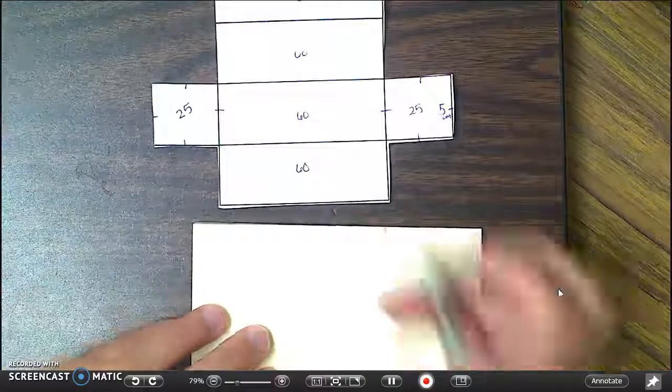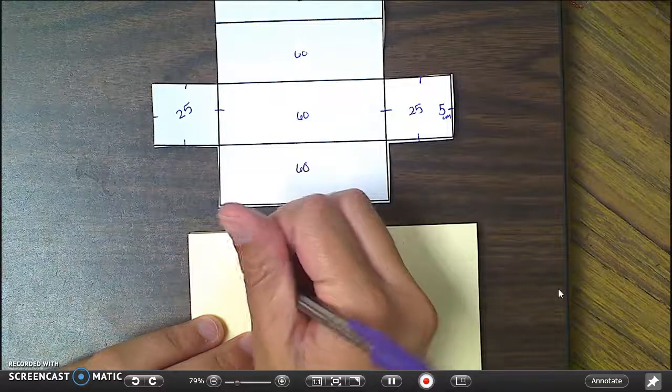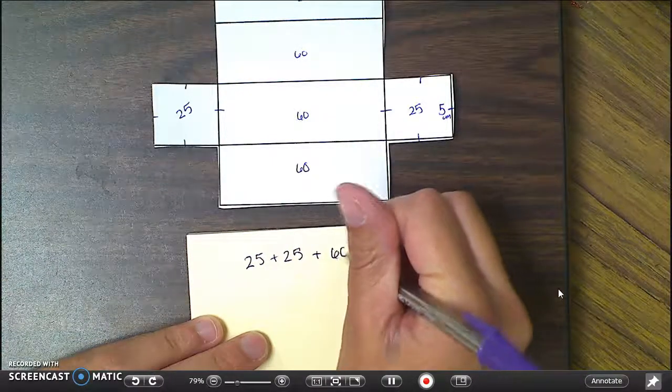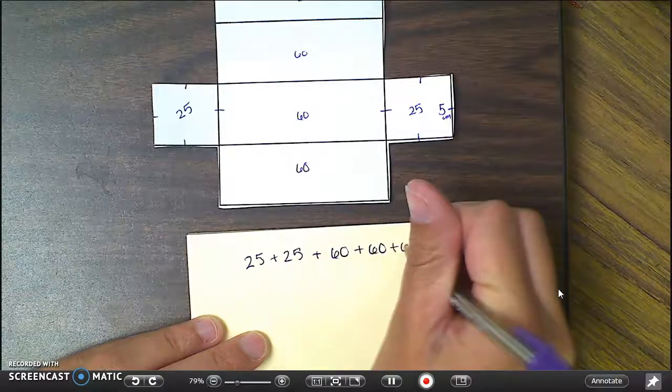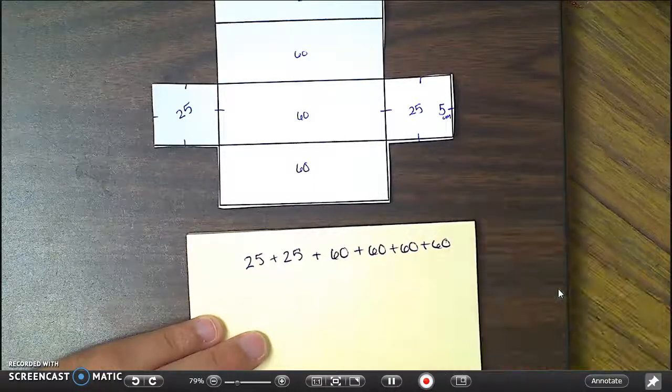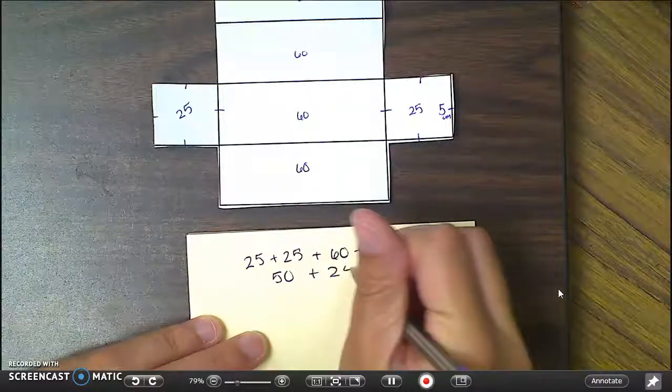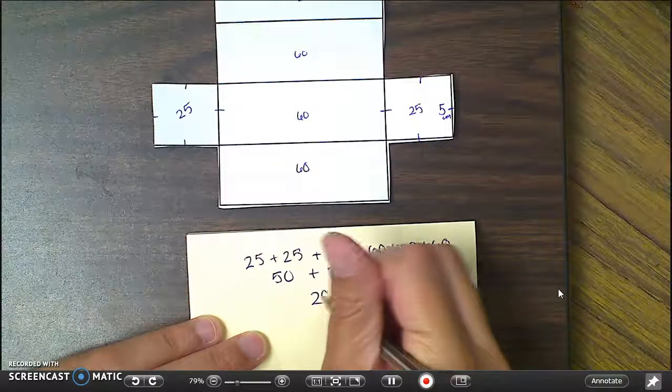And so we get 25 plus 25 plus 60 plus 60 plus 60 plus 60, which is not the most efficient way to do this. However, we get 50 plus 240, so 290 centimeters squared.